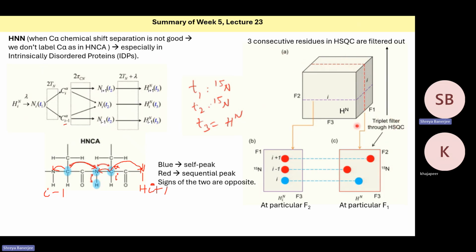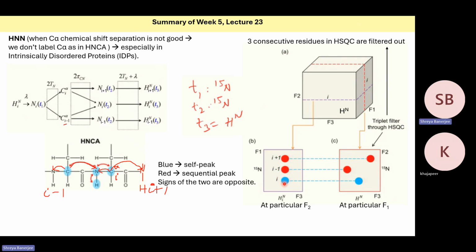So imagine you have the 3D spectra here. You have F1, F2 and F3 axes, and you are taking cross sections. One is this blue cross section shown here, which is at a particular value of F2. So you're taking a cross section of the three-dimensional spectra at a particular value of F2, so F3 and F1 are varying. In this cross section, you will see three peaks.